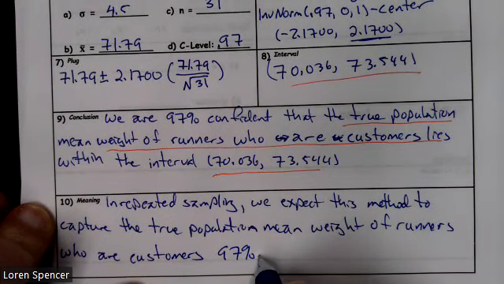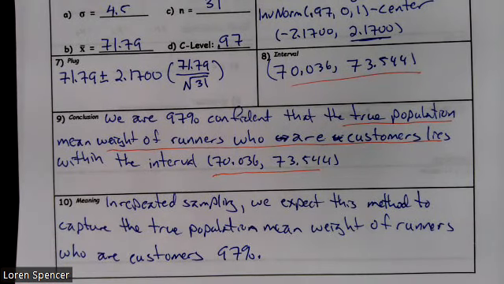So basically what we're saying is 97% of the time, if we ran it this way, we would capture the true population mean. It'd lie within our interval. 3% of the time, it would not.